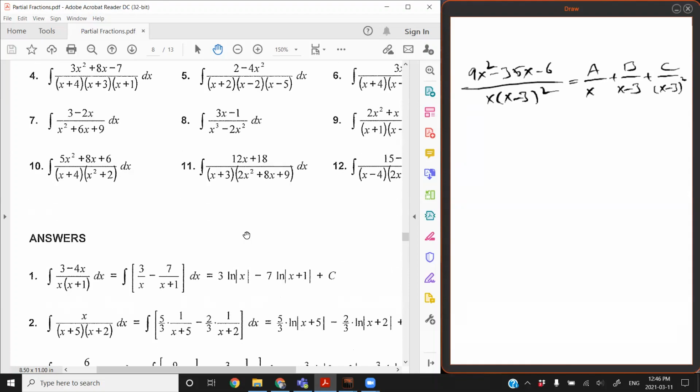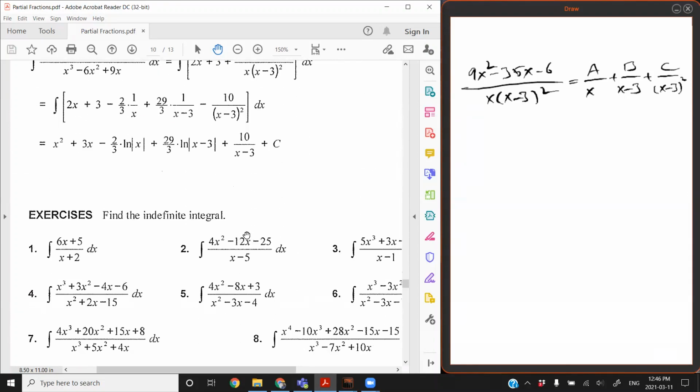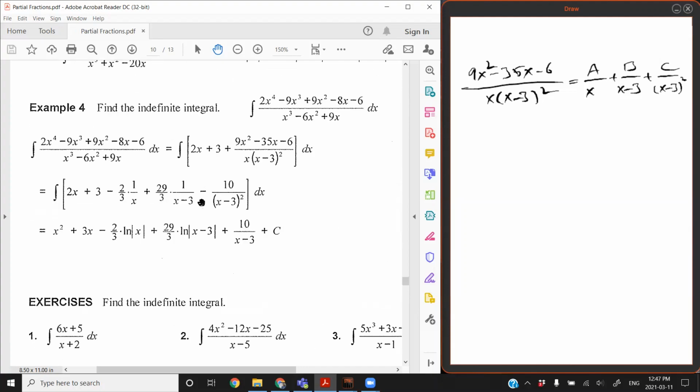And for all the exercises here in part C, these are improper rational expressions. That is, the degree of the numerator is either the same or more than the degree of the denominator. So you will have to begin with a long division, and then you are here.